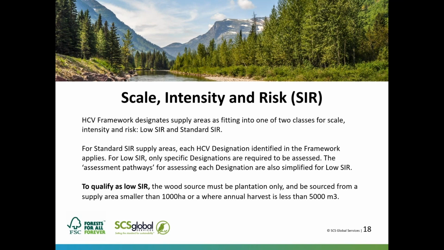The rationale for the latter, particularly the 5,000 cubic metres, is that you could have a much larger supply area, but be harvesting on a very low harvest regime or very low level. So it is an option to have low SIR for either of those two categories. Great, thank you.